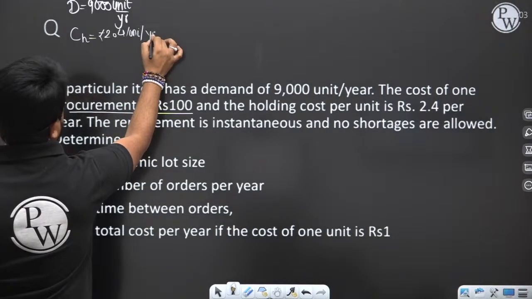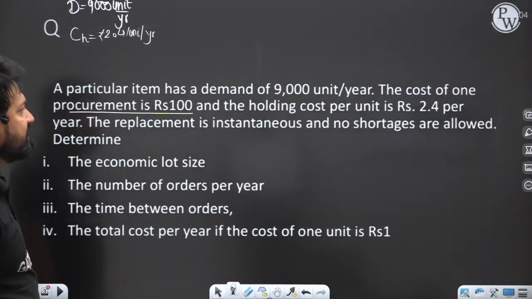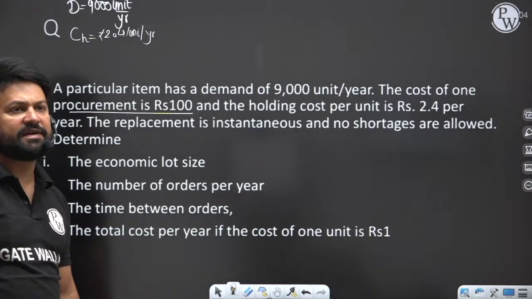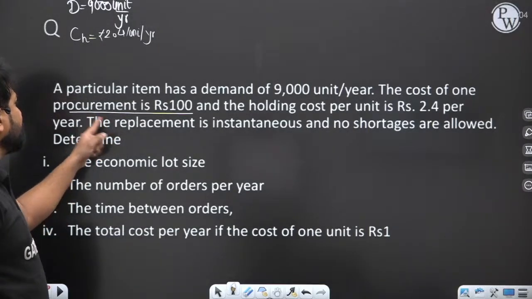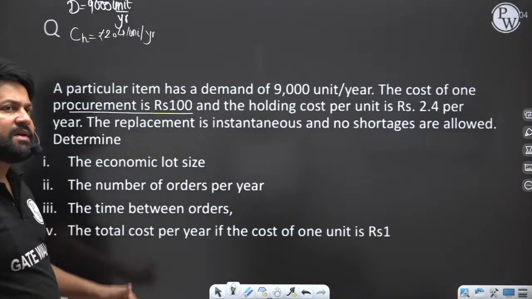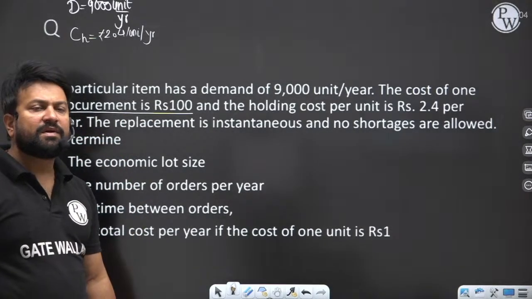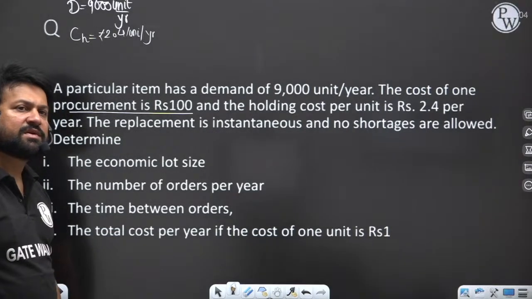The replacement is instantaneous and no shortages are allowed. What do you mean by the cost of one procurement, my dear? You haven't told me yet. Anybody who is going to tell me what you mean by the procurement cost?